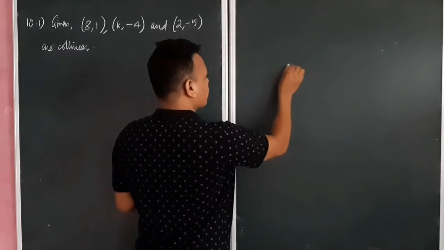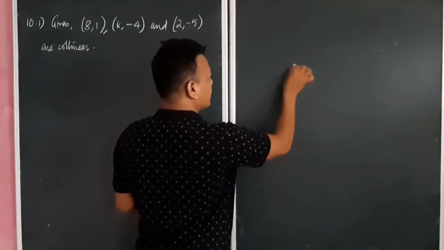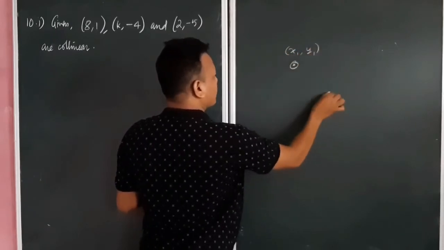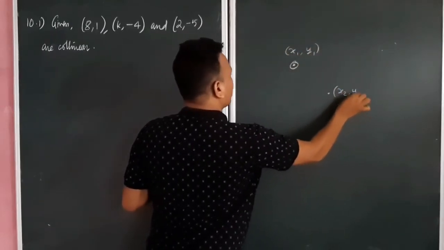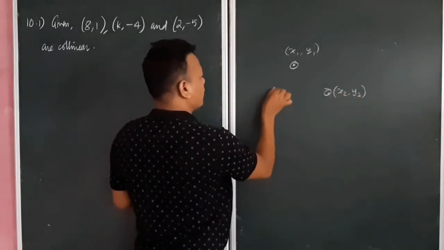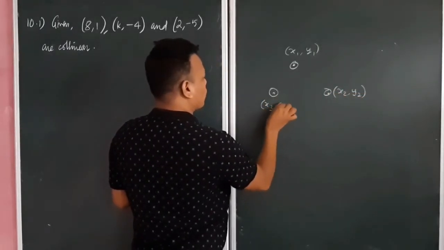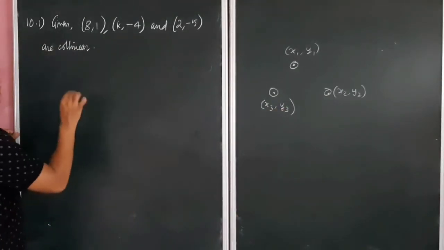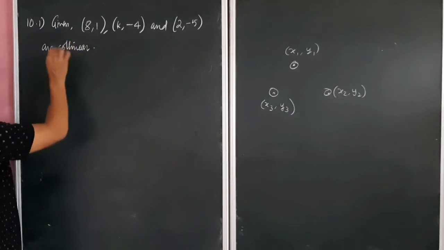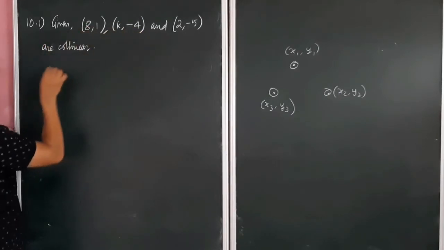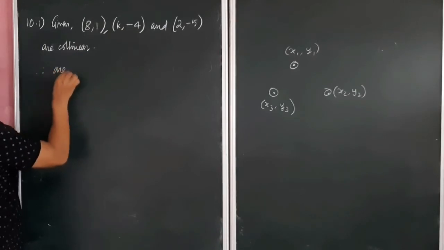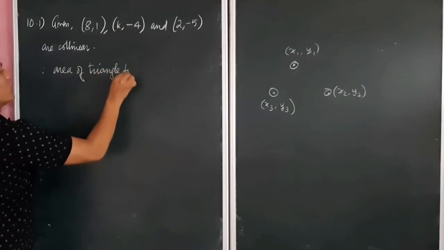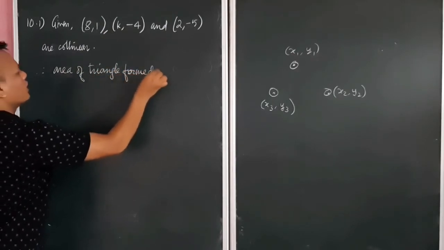Take 3 points. Let me call this x1 y1, this x2 y2, and this x3 y3. Since these 3 points are collinear, we can say that the area of the triangle formed will be 0, right?